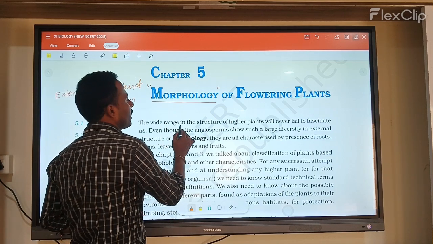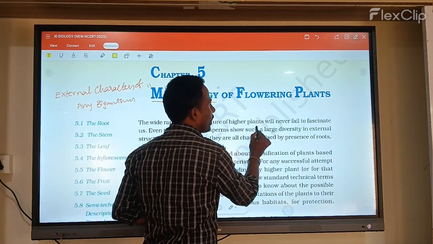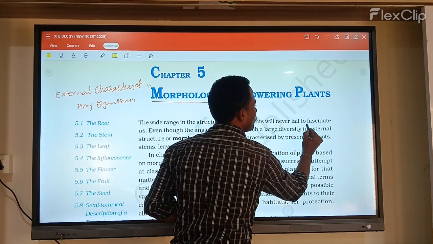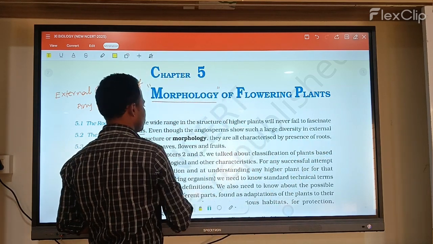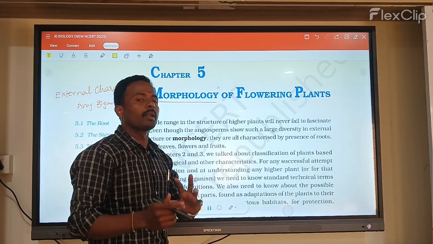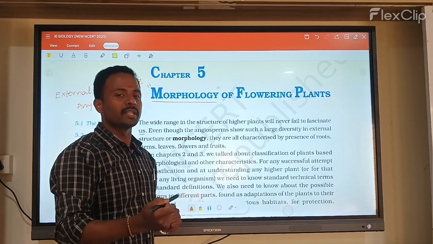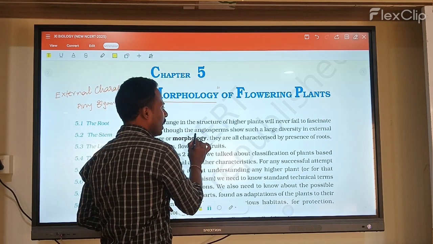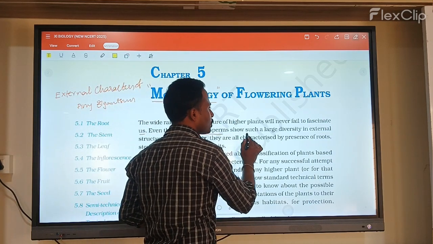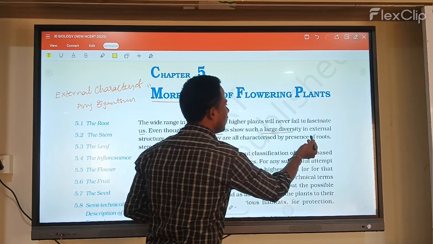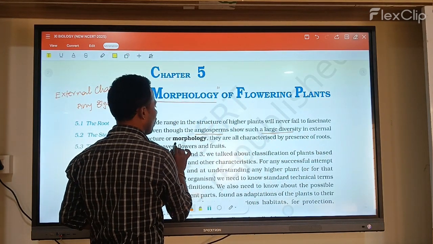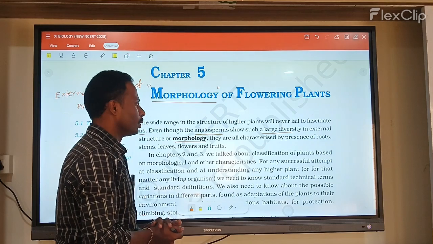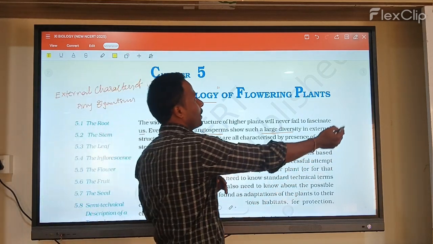Now, the wide range in the structure of higher plants. In these higher plants, they change depending upon the environmental conditions. Even though the angiosperms show such large diversity in external structure or morphology, you notice that any angiospermic plant shows great diversity. For example, take any one angiospermic plant.